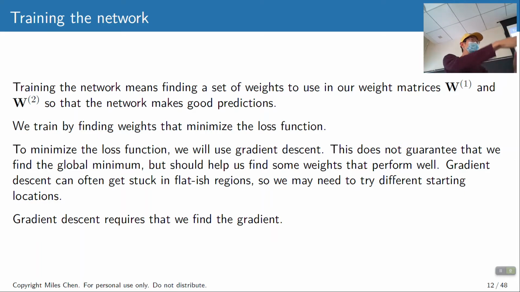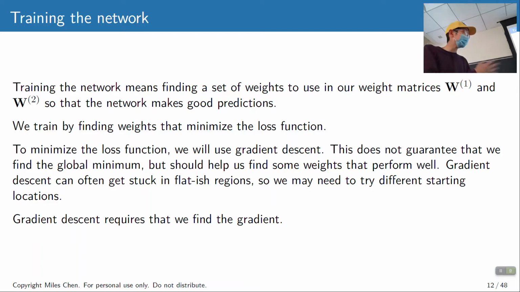It maybe gets to the street and rolls just ever so slightly. So that kind of stuff could happen with gradient descent. It can get stuck in a flattish region if you have a bad starting location, and things like that. And so, if you are able to, maybe you do a couple runs at different starting locations and see if they perform well, or you just kind of try again, things like that.